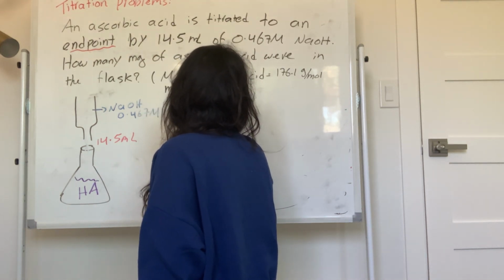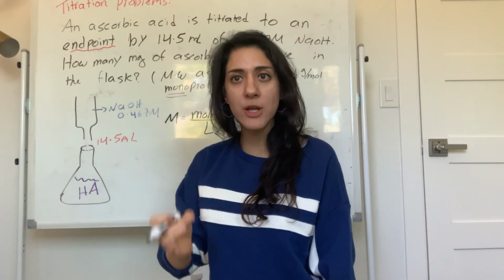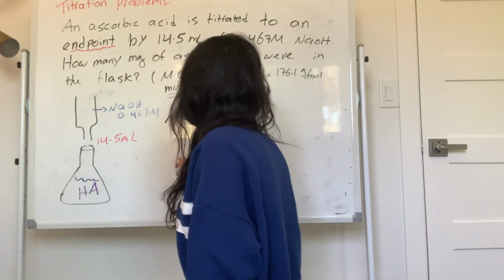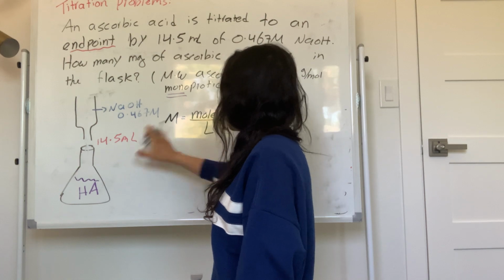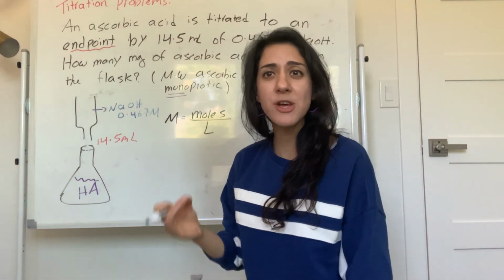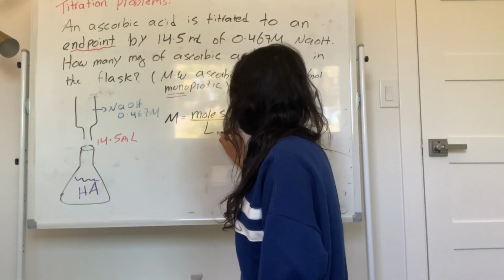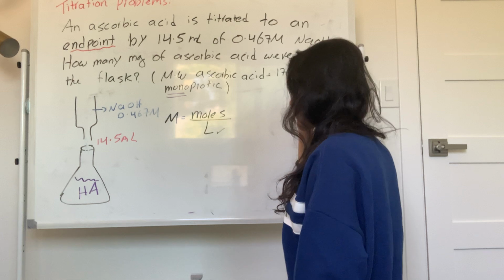I'm going to figure out how many moles of NaOH I added to this solution before it turned pink. I have the molarity and I know the volume, so I can figure out the moles of NaOH that was added.